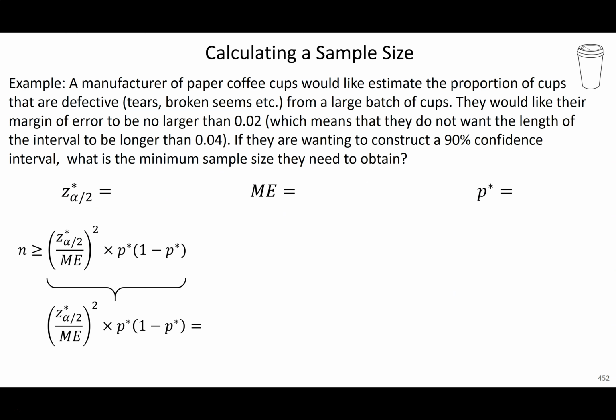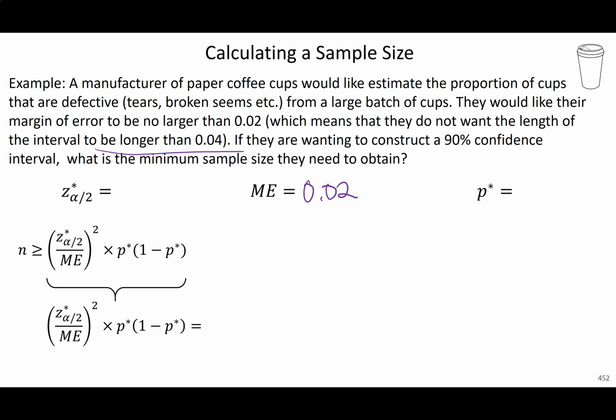So here, we're still stuck on the coffee cup size. The manufacturer, they want to really estimate the proportion of cups that are defective from this batch. They don't want their margin of error to be any bigger than 0.02, which means they don't want their interval length to be any longer than 0.04. So from endpoint to endpoint, they don't want any longer than 0.04. But my margin of error is 0.02.